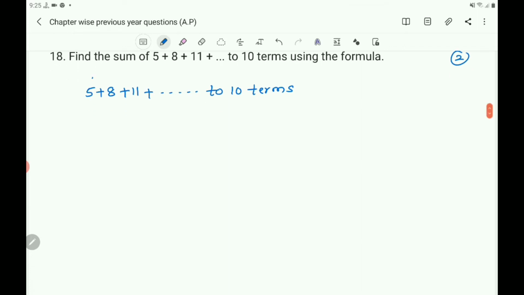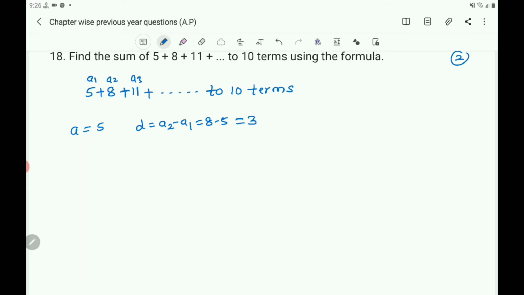So here it is A1, A2, A3 in this way. Now you find the first term A, that is A1, 5. Then D is the second term minus the first term, you can take A2 minus A1. A2 is 8, A1 is 5. So you write 8 minus 5 equals 3.